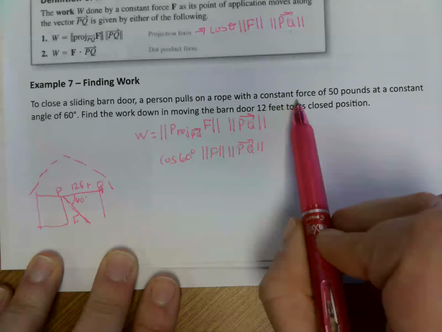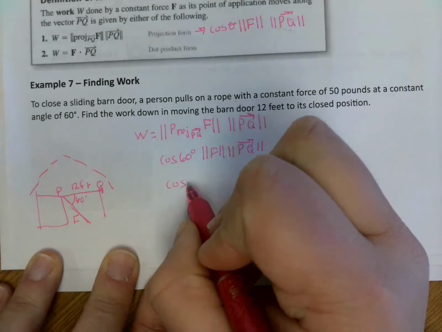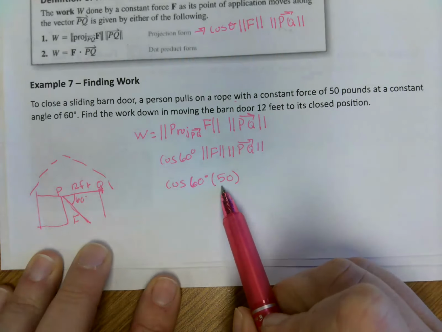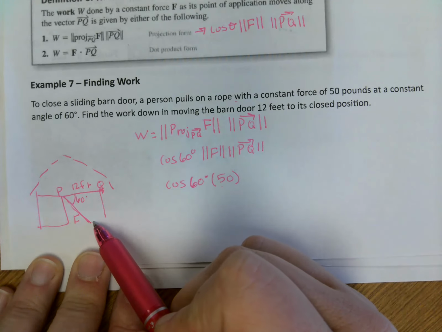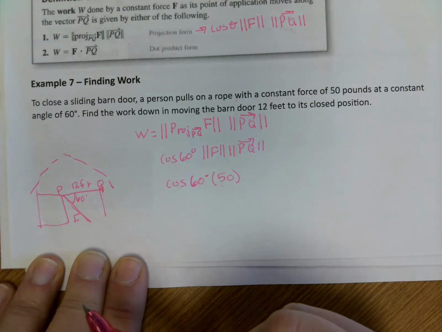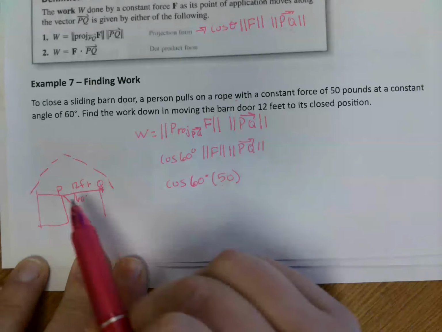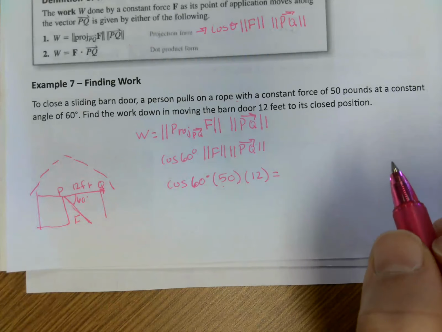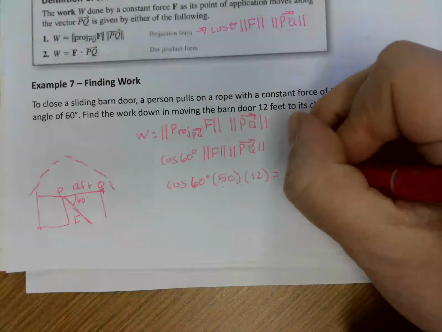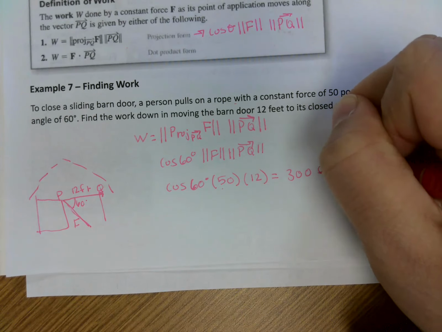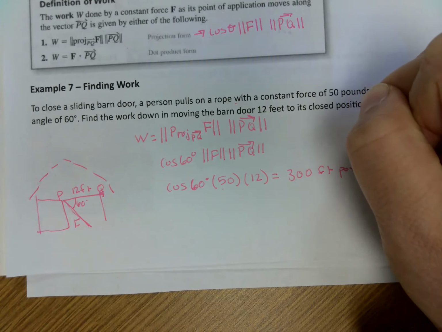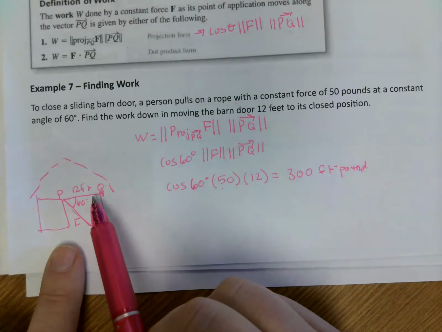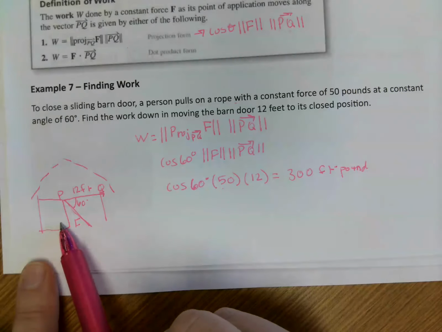Well, it told us it has a constant force of 50 pounds, because we're pulling at 50 pounds at a constant angle of 60 degrees. And the magnitude of PQ is this length right here, which would be our 12 feet. So if I multiply that all together, I would get roughly about 300 foot-pounds. This is how much work is needed to actually shut this barn door.